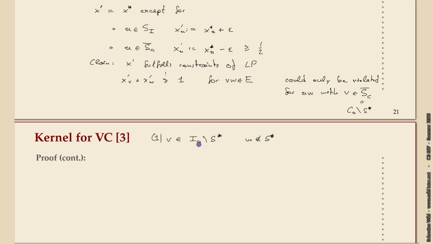And suppose it was in this I0 without S star. But then we don't have this in S star. Why do we also not have the other endpoint in S star?